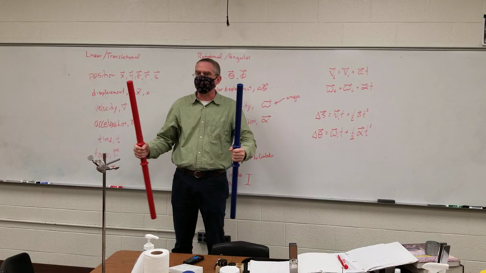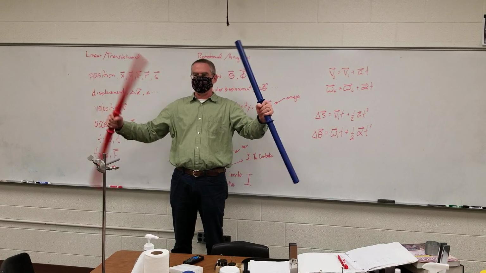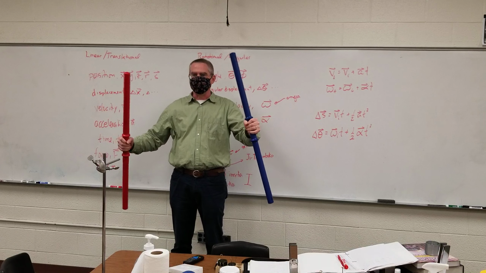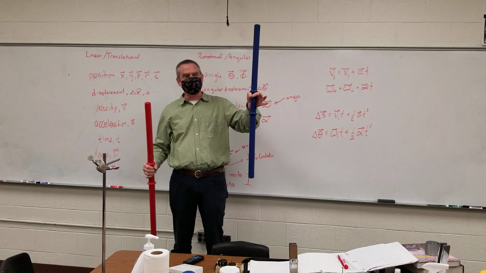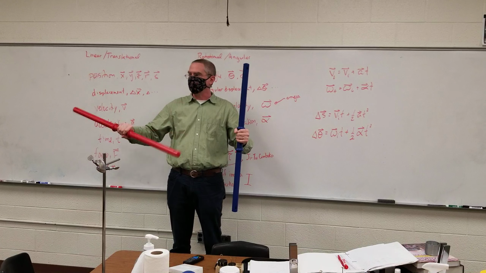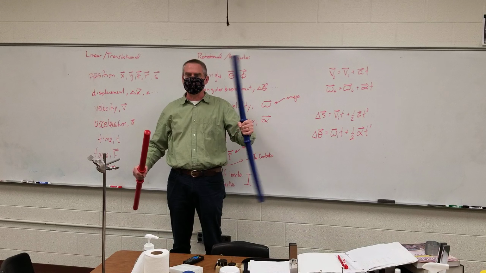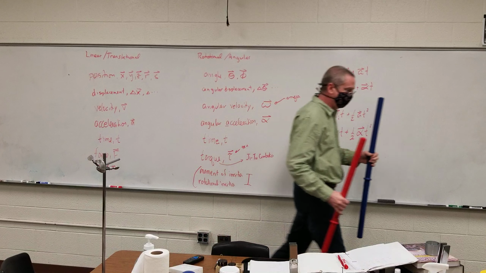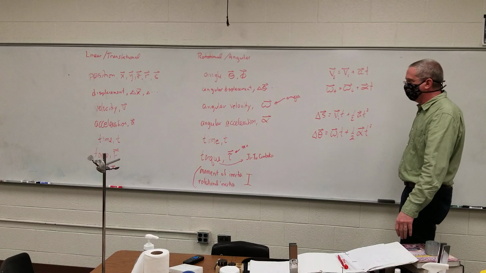I'm just going to zip them back and forth real quick, and I think you can easily tell the difference. So that is an indication this has much lower moment of inertia than this does. It's much easier to change its angular velocity than this is. And of course, we'll get into more of that later.